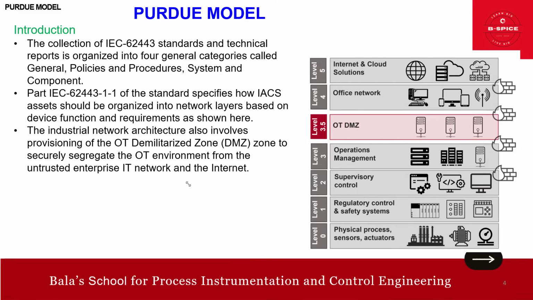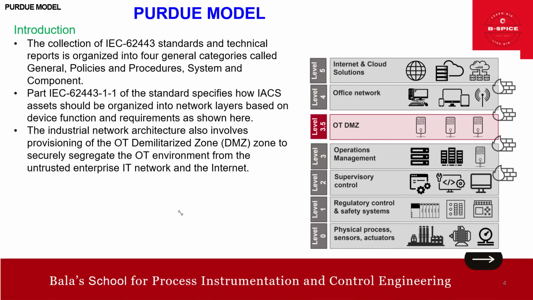To add on further, the industrial network architecture also involves provisioning of an OT DMZ. That's what I told, it may be useful for experienced professionals also. So the industrial network architecture also involves provisioning of an OT DMZ zone. What for? To segregate the OT environment from the untrusted IT network and the internet.